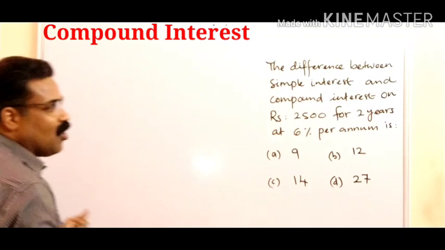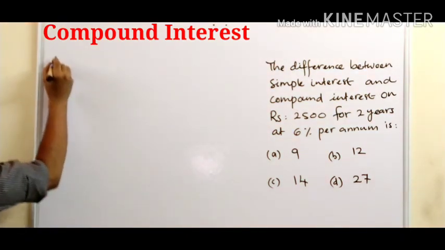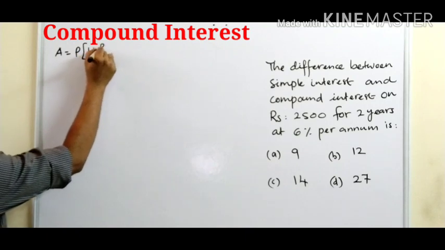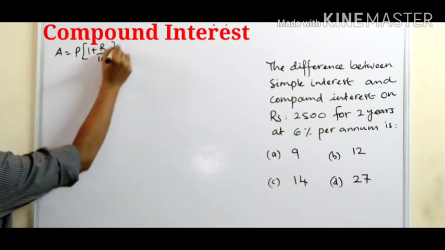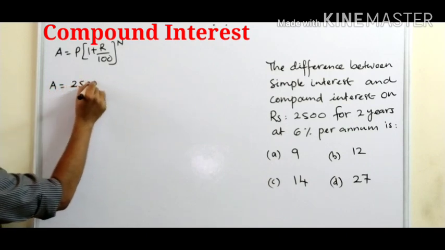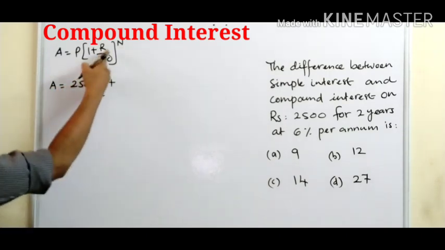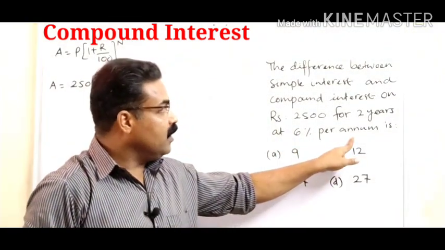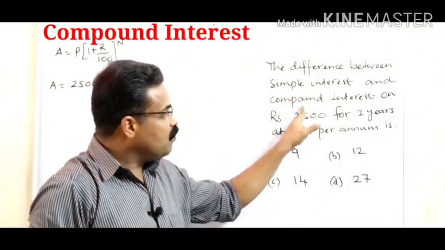So let us see compound interest first. A is equal to P into 1 plus R by 100, power n. So amount will be equal to principal, here 2,500, into 1 plus R by 100. 6% per annum, we are calculating for 2 years.